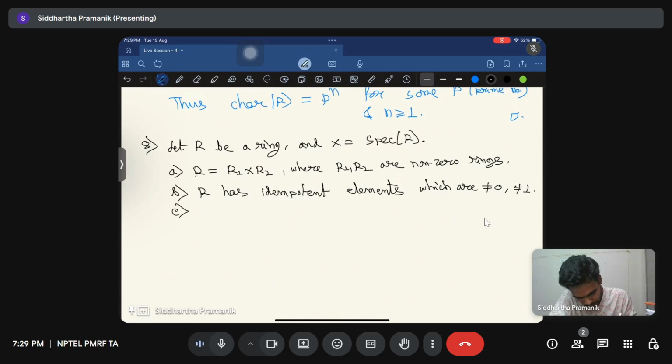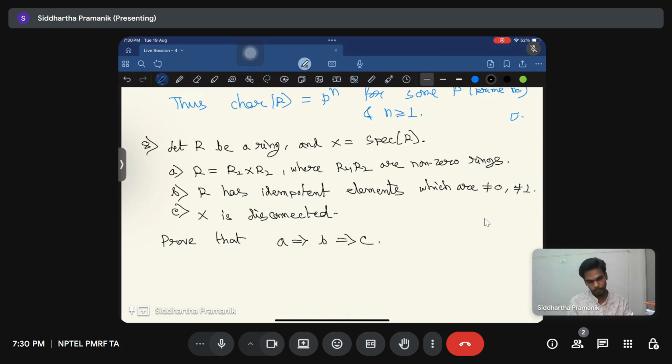And part C is X is a disconnected topological space. Then prove that A implies B implies C.